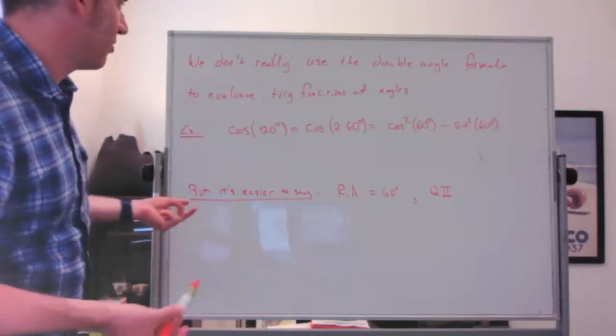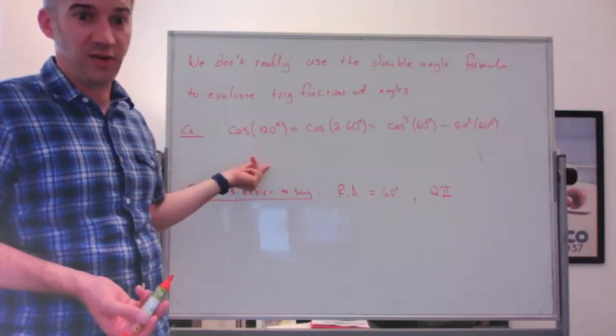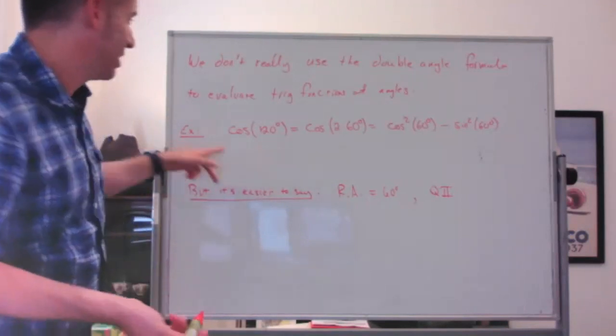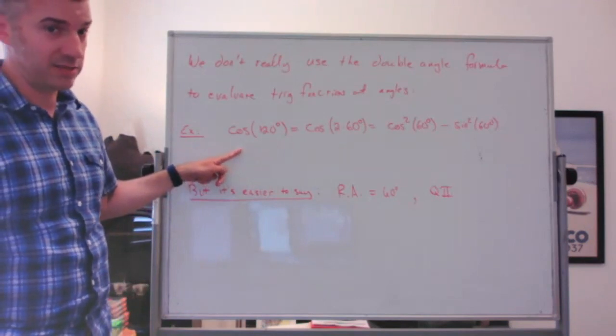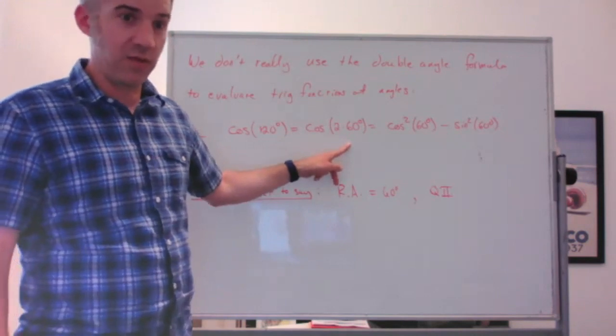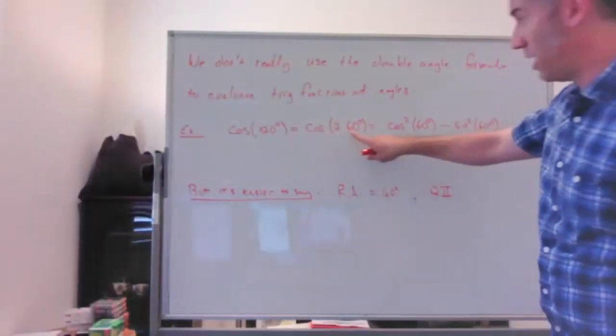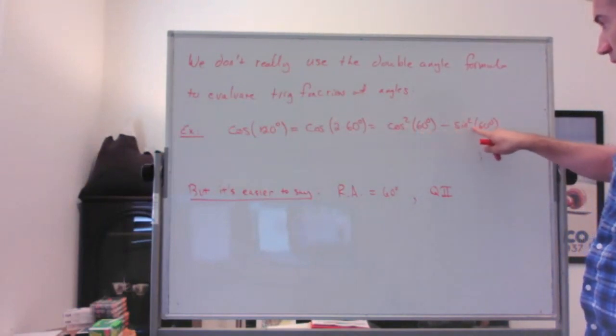Any angle that's twice an angle we already know how to find is an angle we already know how to find the cosine of. So for example, you could use the double angle formula to find cosine of 120 degrees. It'd be cosine of 2 times 60 degrees. Applying the formula, cosine of 2 theta is cosine squared of theta minus sine squared of theta.